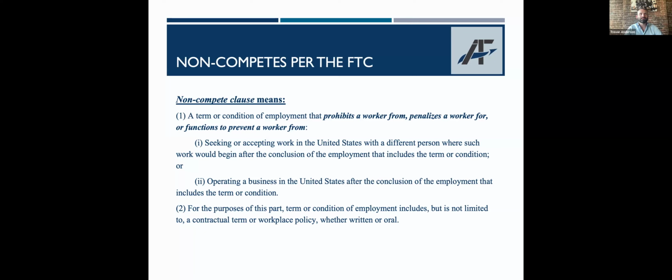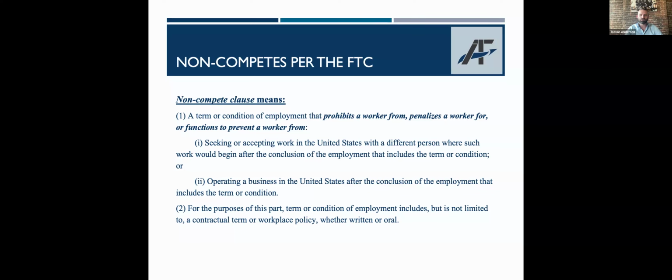But what that means is an employment agreement may have a handful of different restrictive covenants in it. Could be confidentiality agreements, non-disclosure agreements, non-solicitation agreements or provisions, non-disparagement provisions, and then non-competes. So in a very literal sense, one might think, well, as long as I don't have a non-compete in my agreement, then I'm fine.